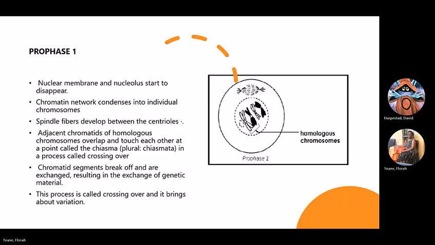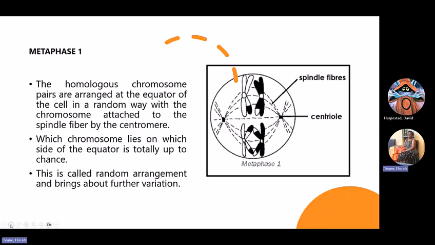Right. Then we're moving to the next phase of division, which is called the metaphase. If you look at these chromosomes, a pair of chromosomes called a homologous pair of chromosomes, these chromosomes are now different.